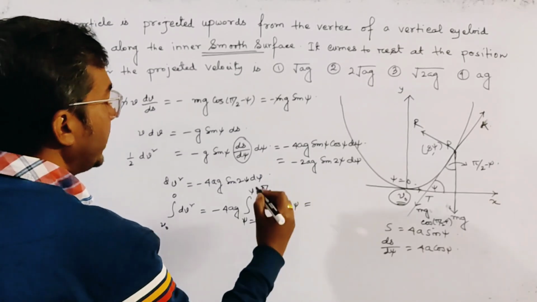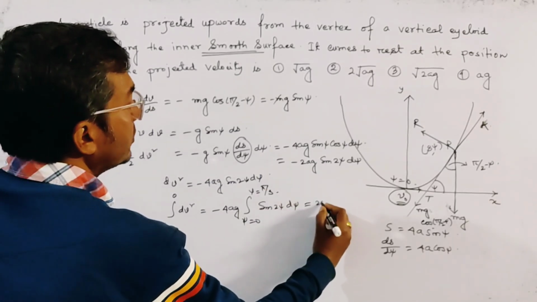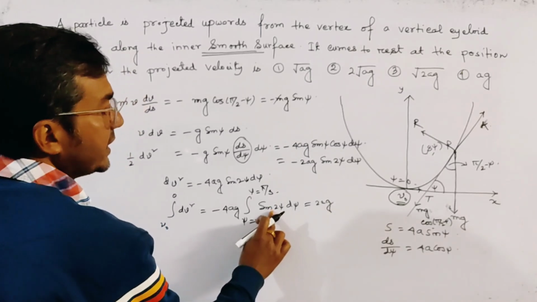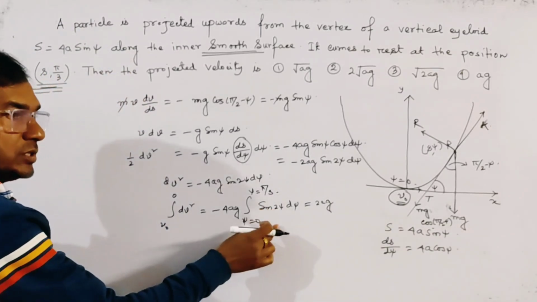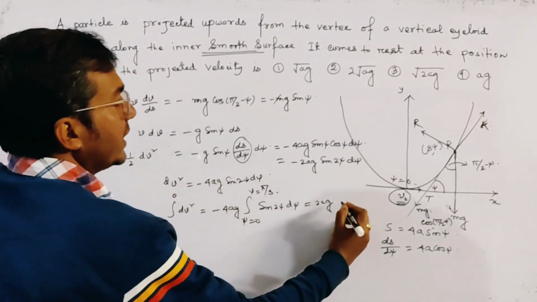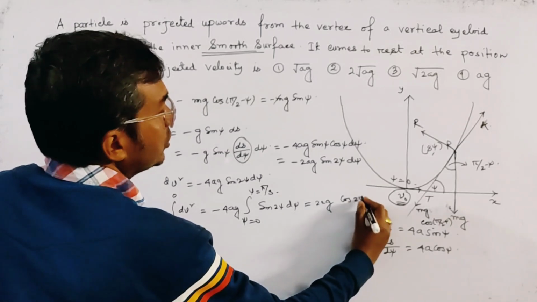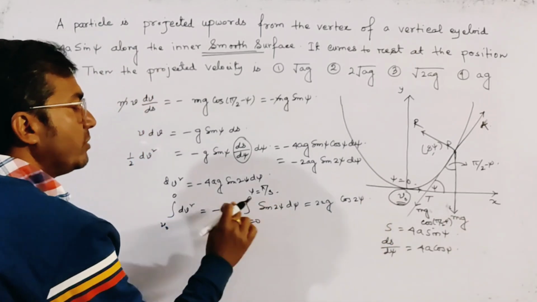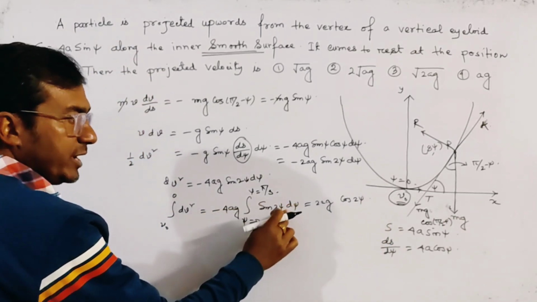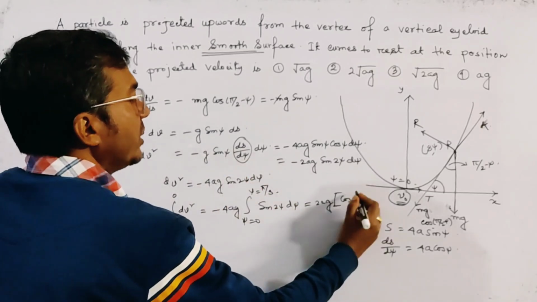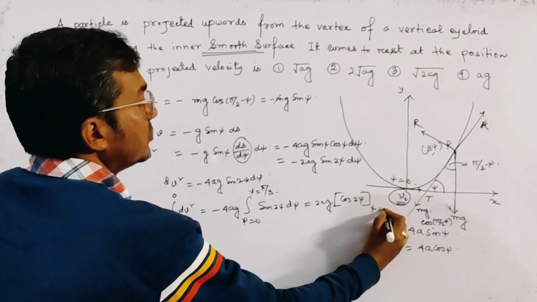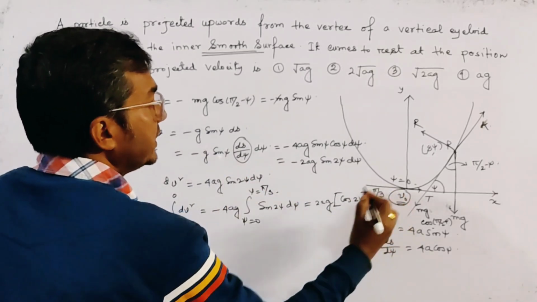By integrating, we get 2ag cos 2 psi, because we get another 2 in the denominator, and a minus minus plus, with the range psi equal to 0 to pi by 3.